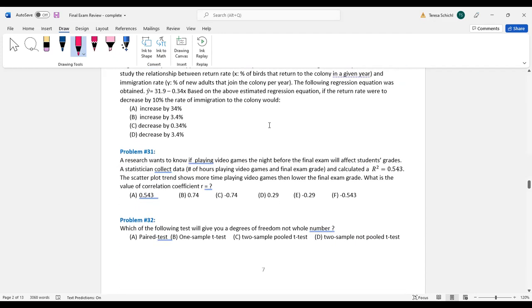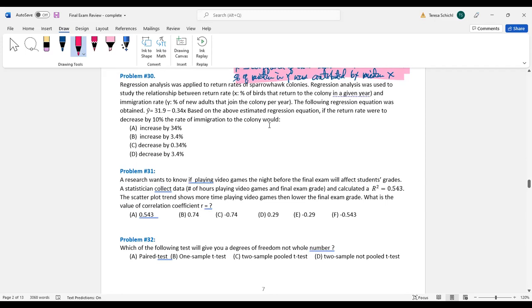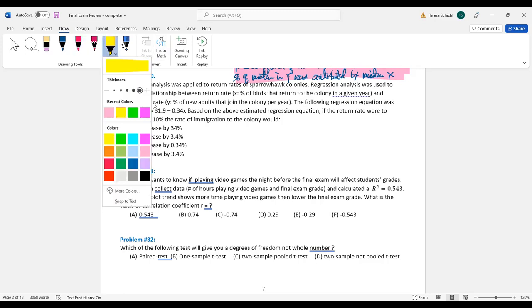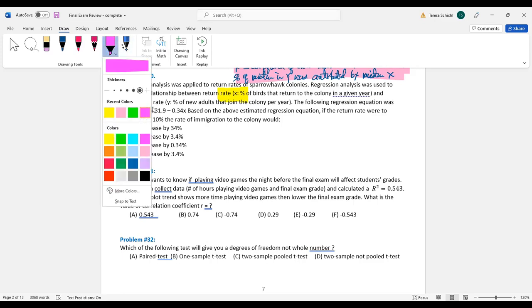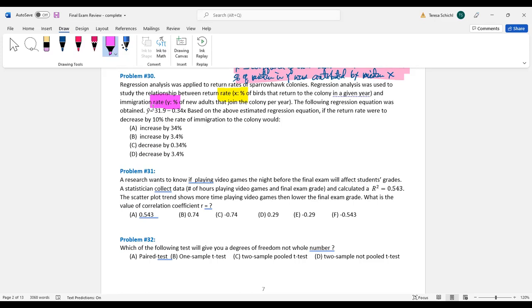Okay, let's take a look at number 30 here. They said a regression analysis was applied to the return rate of sparrowhawk colonies. Regression analysis was used to study the relationship between the return rate, which is X, of the birds that returned to the colony in a given year, and the immigration rate, which is Y, of the new adults that joined the colony per year.